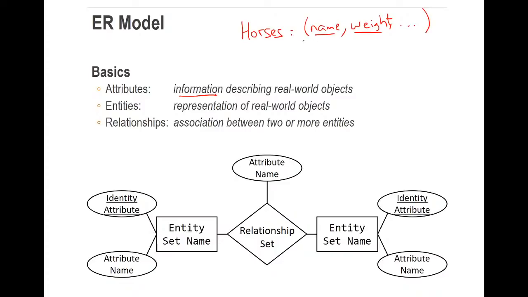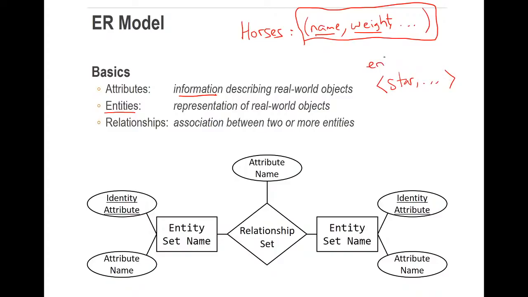Now, a collection of these attributes will typically form an entity. An entity, just a single entity, is like a single horse, which is your star. I forget the weight and the length, but you have the one of the horse called star.